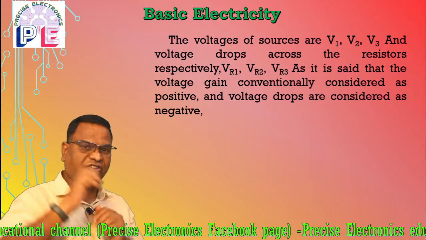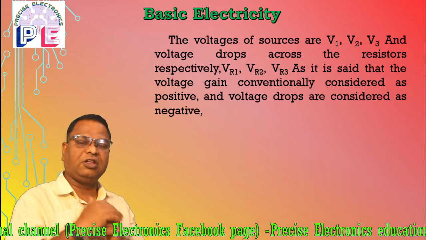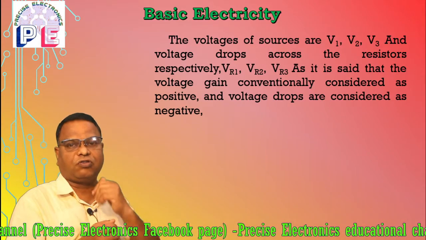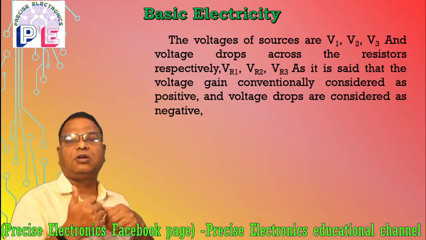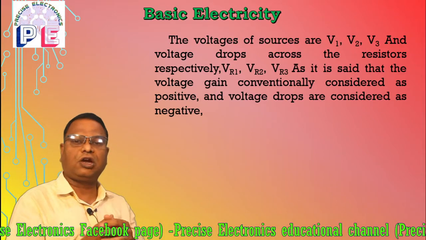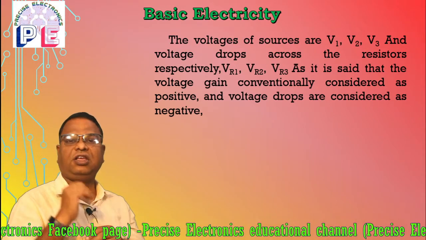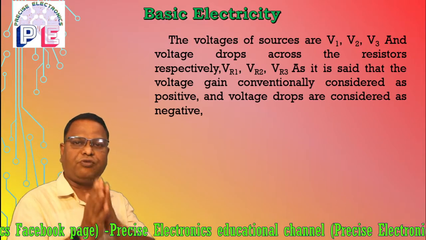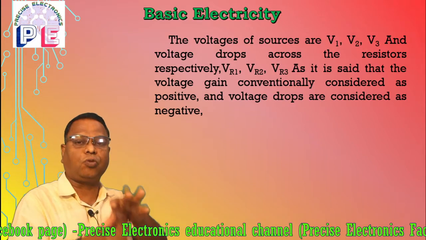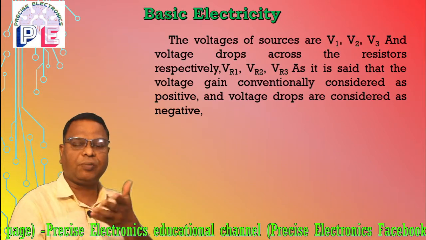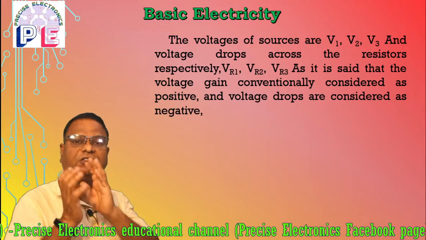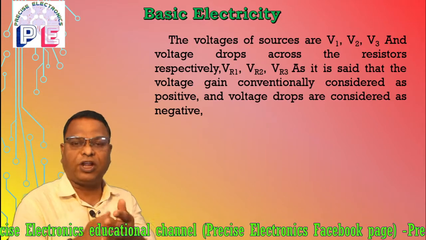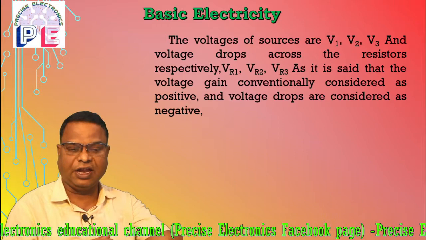The potential drop across R1 is VR1, across R2 is VR2, and across R3 is VR3. These are the potential drops developed across the resistors, and they are considered negative.